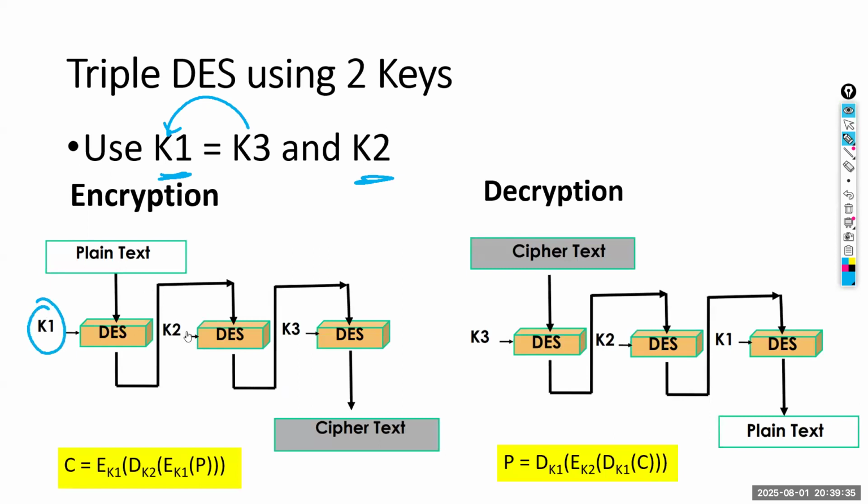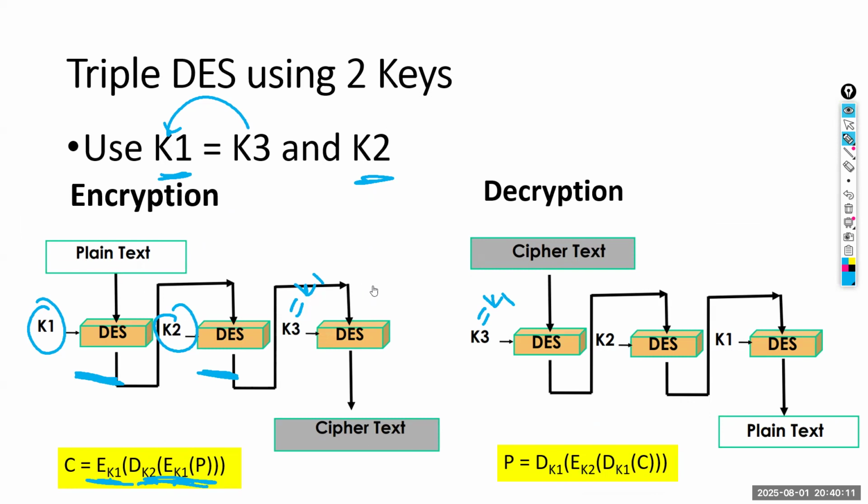So you can say K1, K2, K1. Why? K3 is same as K1. Other than that, it's the same formula. You encrypt using K1, then you decrypt using K2, then you again encrypt using K3, which is K1.